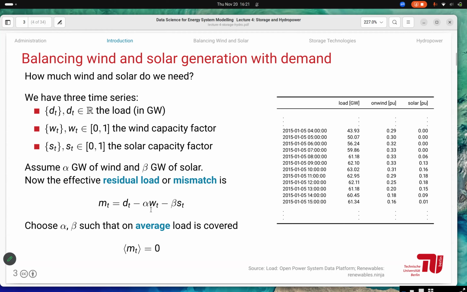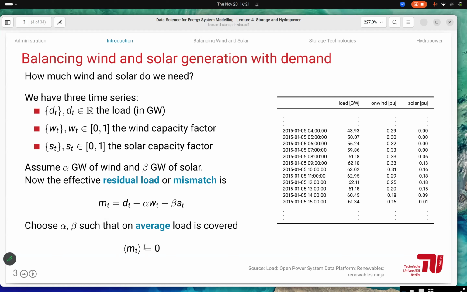And we won't always get a perfect match. So in this thought experiment that we'll work with in the upcoming slides, we're going to do the following. We're going to scale the onshore wind and solar capacity factor time series with some capacities alpha and beta, so that on average, we cover the load.